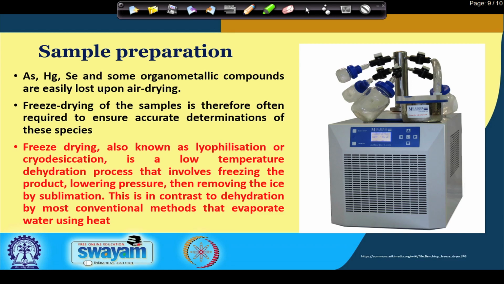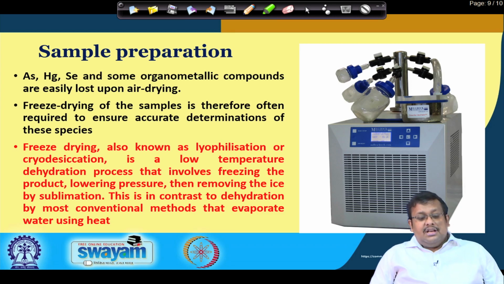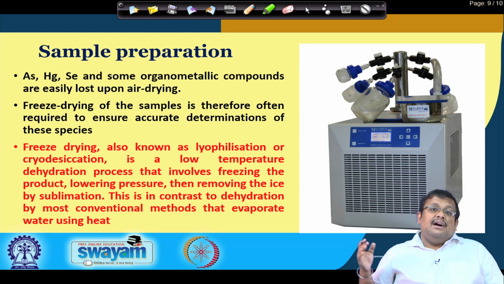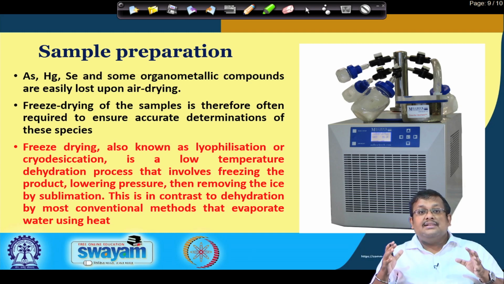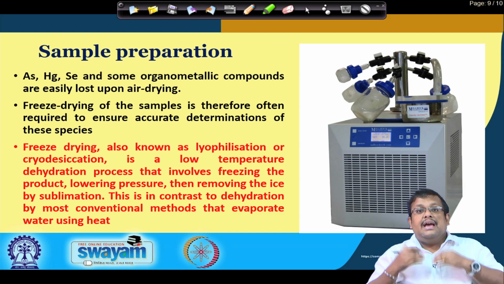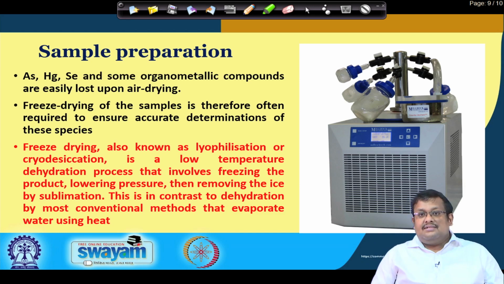Now, freeze drying, also known as lyophilization or cryodesiccation, is a low temperature dehydration process. So, what happens in this freeze drying? It involves freezing the product, lowering the pressure and removing the ice by sublimation.